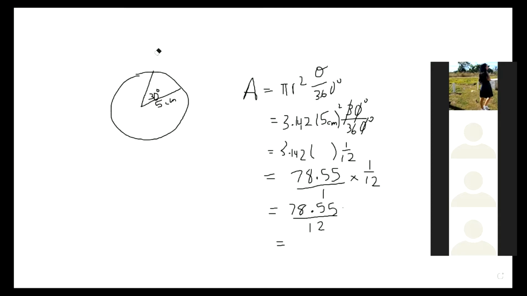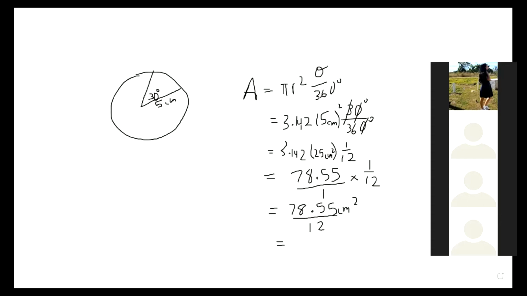So let's write that in. 25 centimeters squared. And then this would be 78.55 centimeters squared. So I think I need to put that centimeter square because you won't really understand that it's an area if I solve it like the way I had it before.